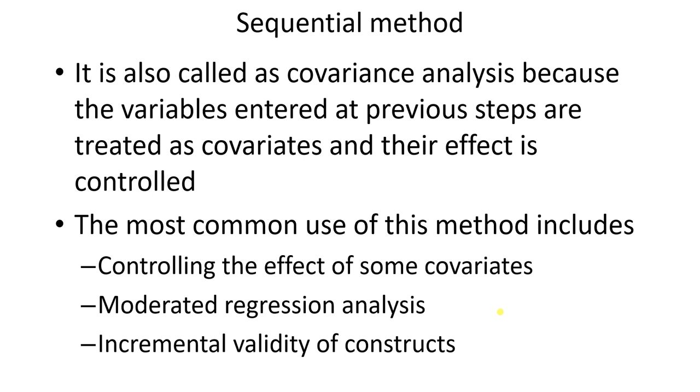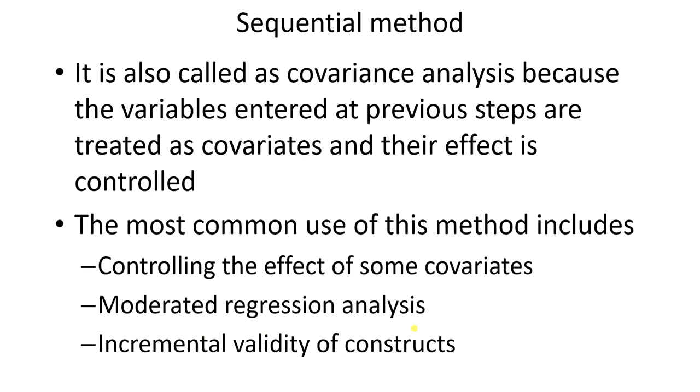So stress into social support, or stress by social support, like an interaction term. And if the interaction term is explaining a significant proportion of variance, then we can say that yes, the stress-health relationship is moderated by social support. So we can do this moderated regression analysis also.